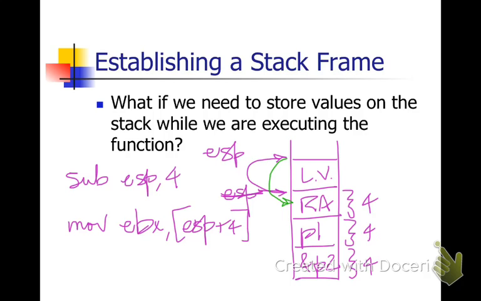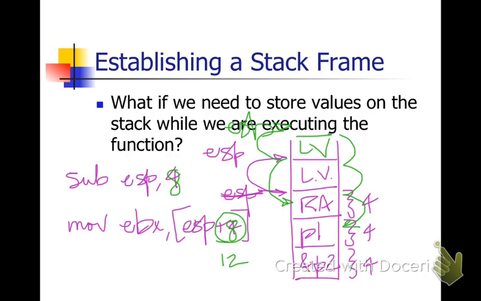So if I do this, all of the offsets from the stack pointer that I used have to be recalculated. And so this would be 8, the next one would be 12, but what if I did this? What if I said 8? Now ESP is here, and I've got another local variable. So now I'm not 4 bytes away or 8 bytes away, I am 12 bytes away. Okay? So that's the problem.